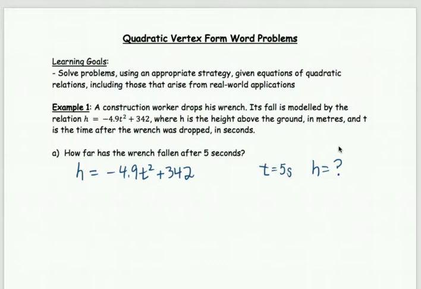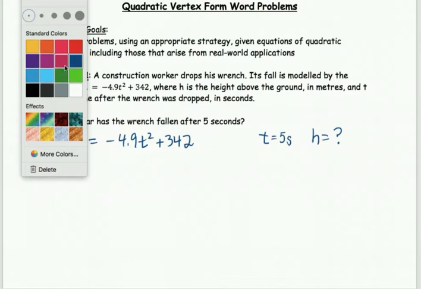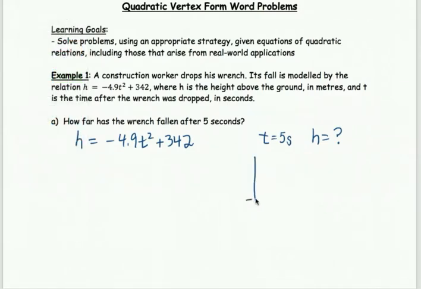Okay, so I'm going to graph this in Desmos just so that you can visually see what's going on with this problem. I'm just going to make a rough sketch of that graph on here. So you can just look at it like, okay, the worker was sitting up here and made a mistake and then dropped the wrench off the building or wherever he was standing.